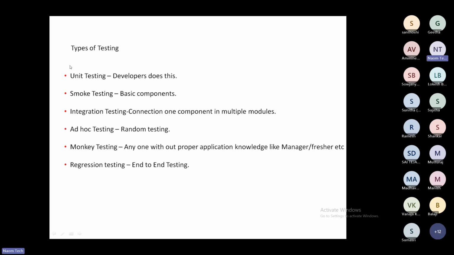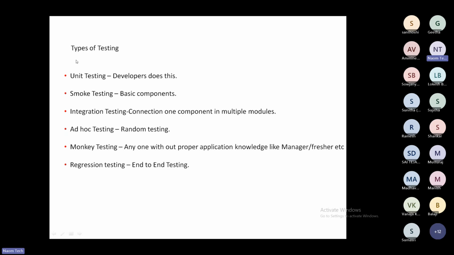Next one. We have to see types of testing here. What is testing? But now we should quickly understand the types of testing. These are all different types of testing here: unit testing, smoke testing, integration testing, ad hoc testing, monkey testing, regression testing, and a few more actually.